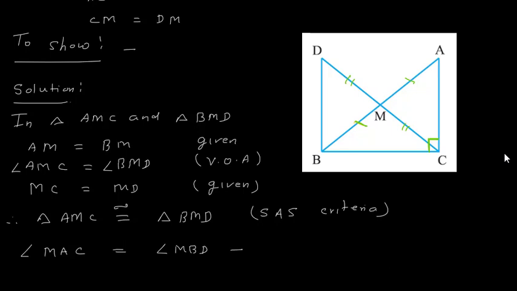Let us take this as equation 1, and this is corresponding part of congruent triangles. Also side AC is equal to side BD. So AC equal to BD. This I will say second, and this is also corresponding part of congruent triangles, okay.